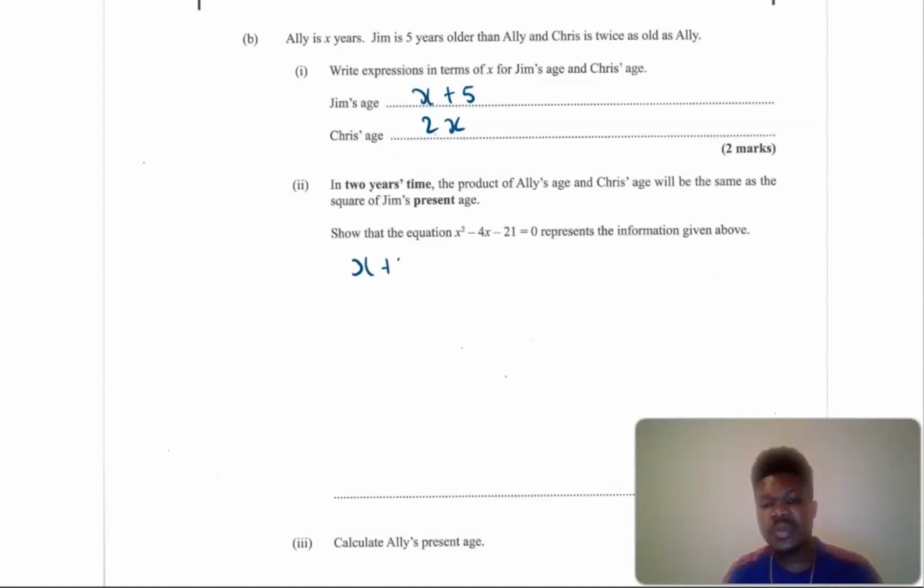And it says the product, so we're going to put it in a bracket, times Chris's age now. In 2 years time, Chris is going to be 2x plus 2. He's just going to be 2 years more as well. So that product should equal the square of Jim's present age, which is Jim's age at the moment. That's his present age.